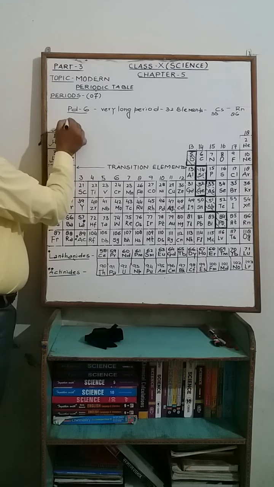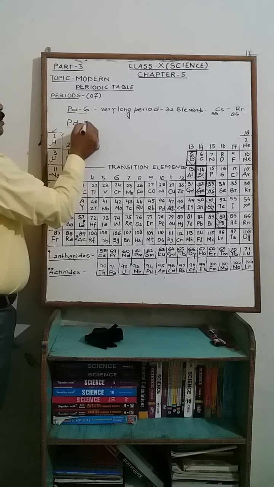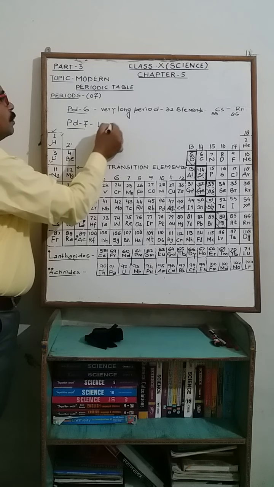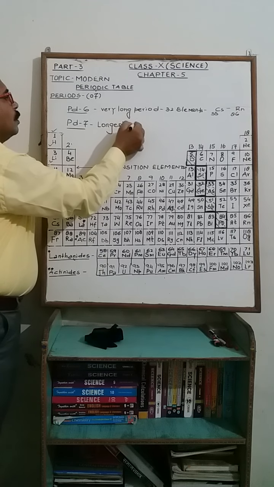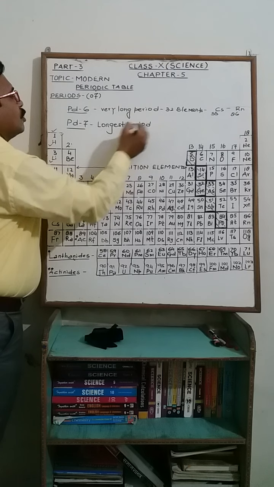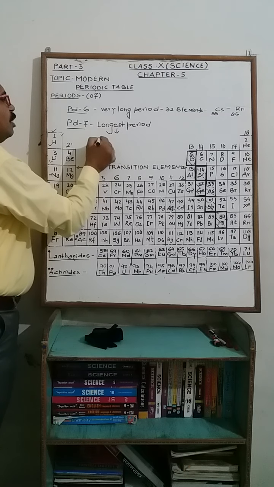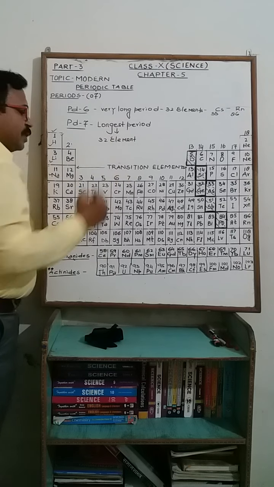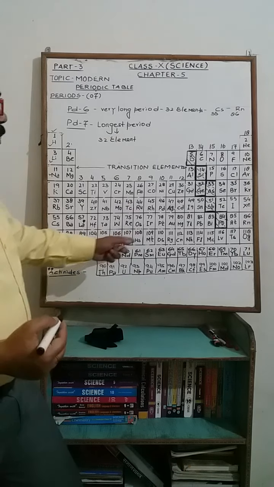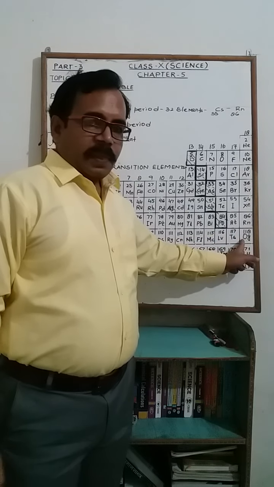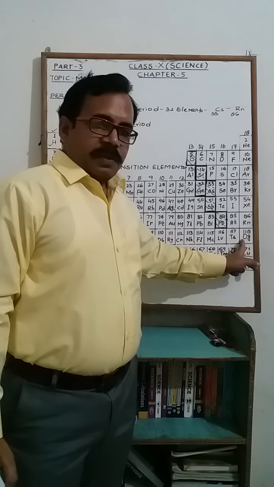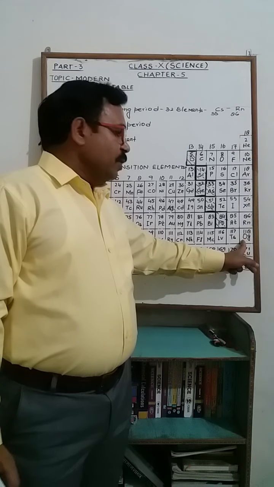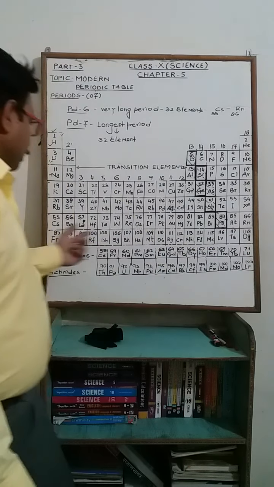The last period is the seventh period. It is the longest period. It also has 32 elements, but the period is incomplete. As the elements are being prepared or discovered, they are going into this period, period 7.